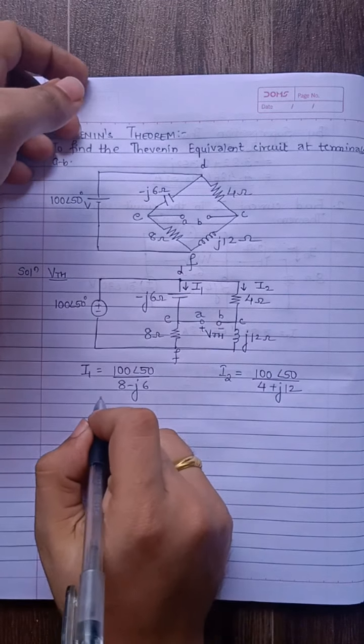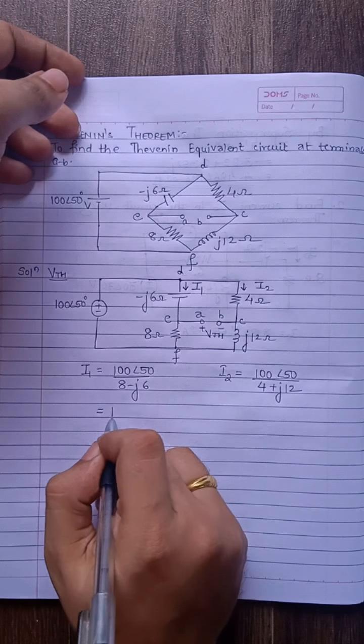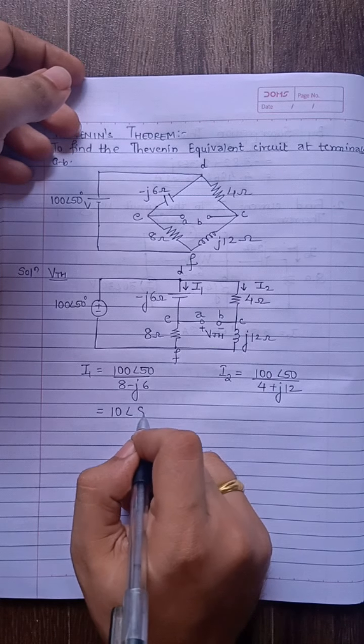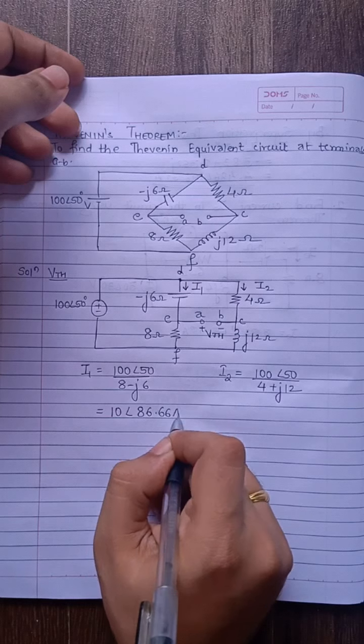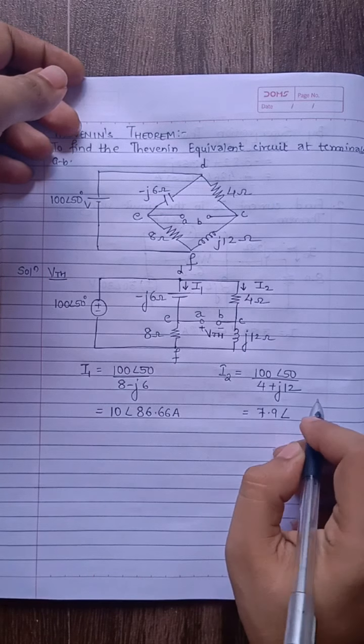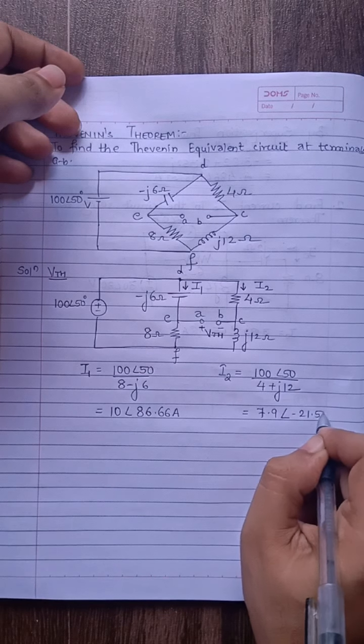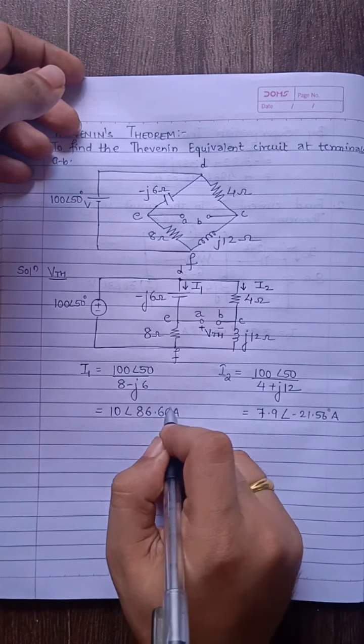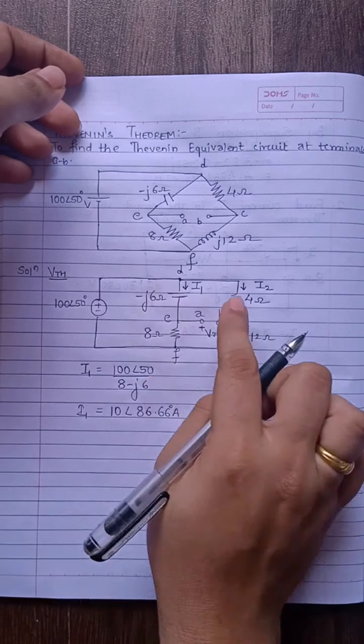So I1 comes to 10 at an angle 86.66 amperes and I2 comes to 7.9 at an angle minus 21.56. So I've got I1 and I2.